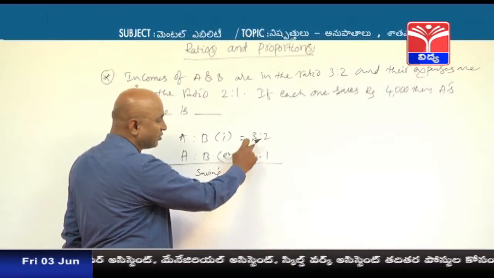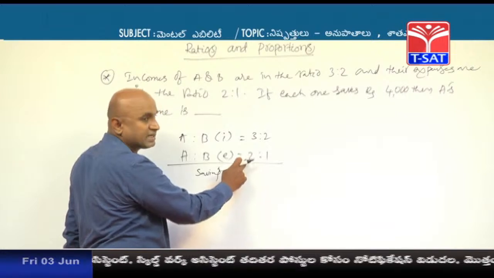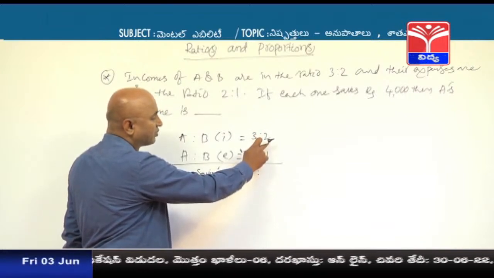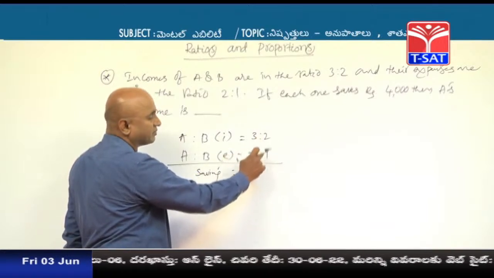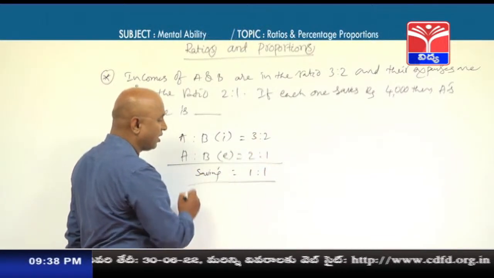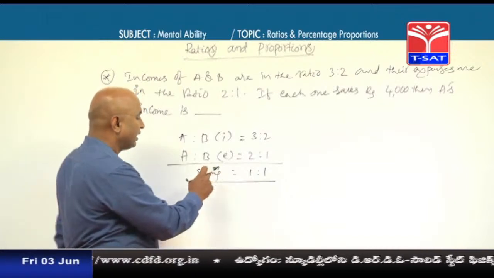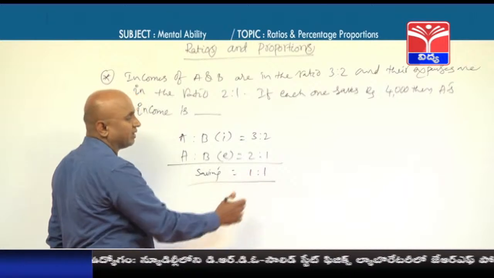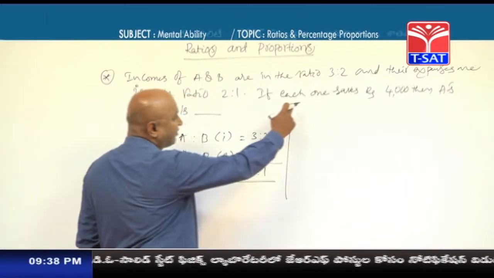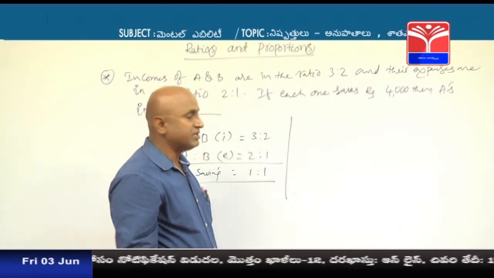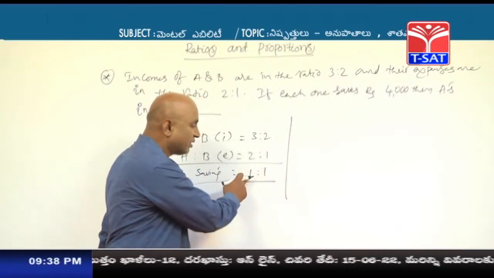A's saving is 3 parts income minus 2 parts expenditure, 1 part. Similarly B's income is 2 parts, expenditure 1 part. So his saving is also 1 part. Now saving is equal to 1:1. What the value given here is, if each one saves rupees 4,000, saving is 1 part.